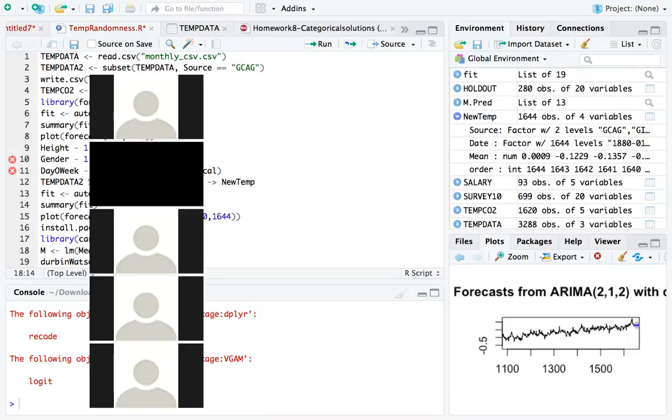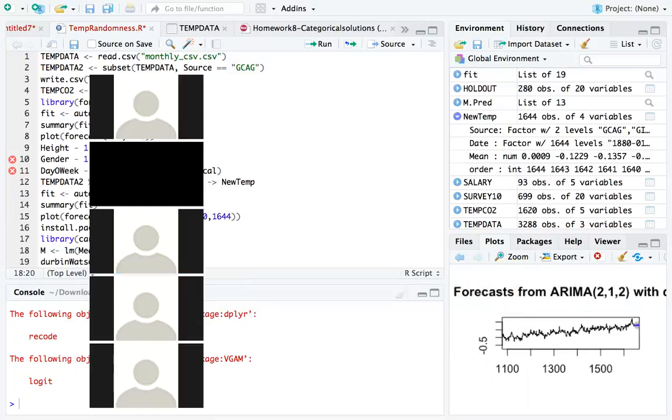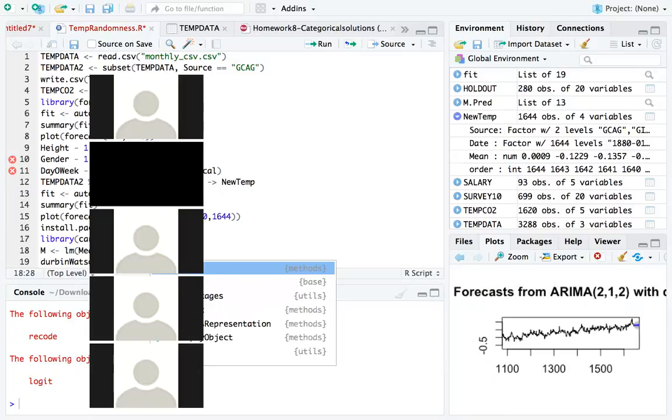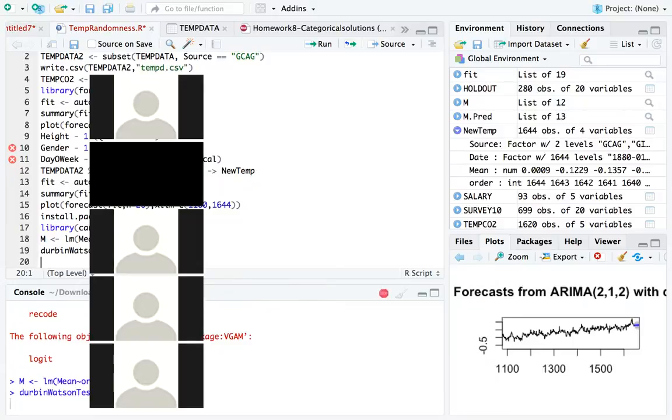We're going to do this via order, which is just a period order. It's just the first period, second period, third period. It's monthly data of time-ordered temperature data. And then we've got data equals new temp. And this should make our model right here. And we've got our model, and we've got the Durbin-Watson test, and it runs.